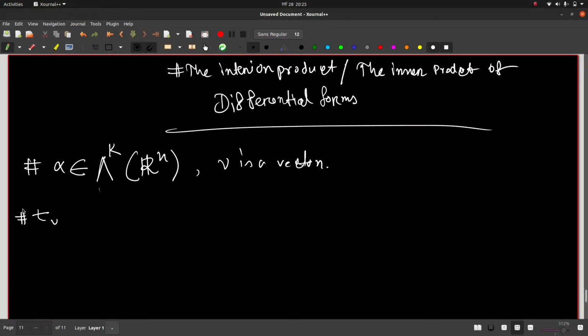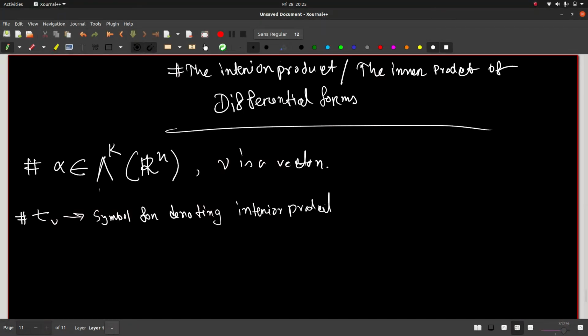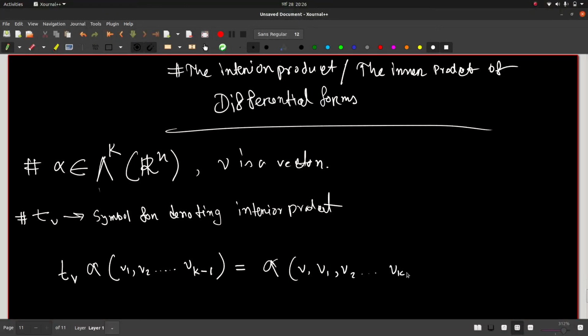In fact, you can choose any other notation you want. So this is the symbol for denoting this interior product, and this interior product is defined as follows. So this is the interior product between a vector and a differential form.